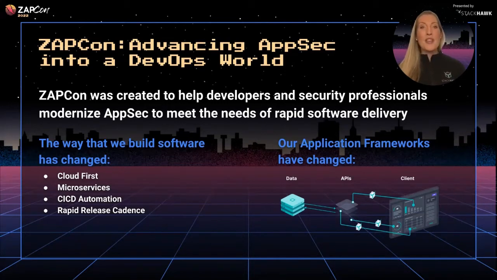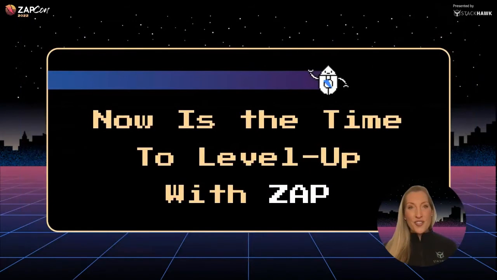I'm excited about the upcoming sessions that address these changes. We've got a great panel talking about modern approaches to application security, a session and panel about DAST automation with Zap, and a great hands-on workshop tomorrow about how to automate DAST in CI/CD using GitHub Actions. With all of this great content, we are excited to help you level up with Zap.